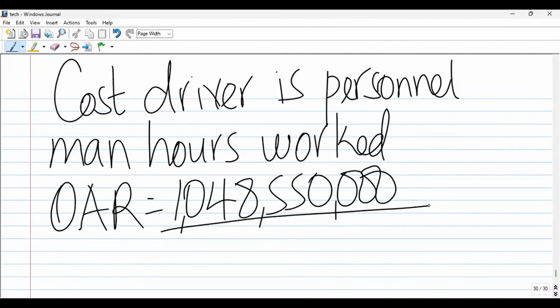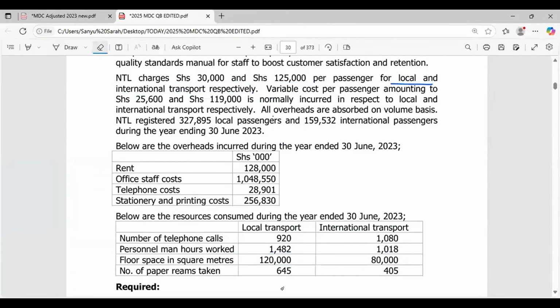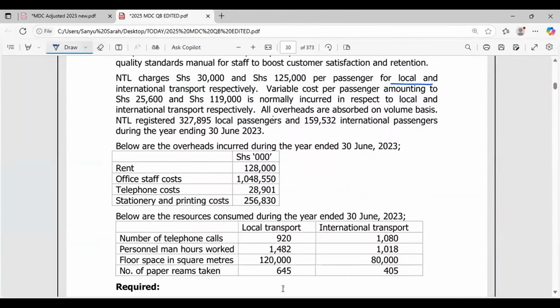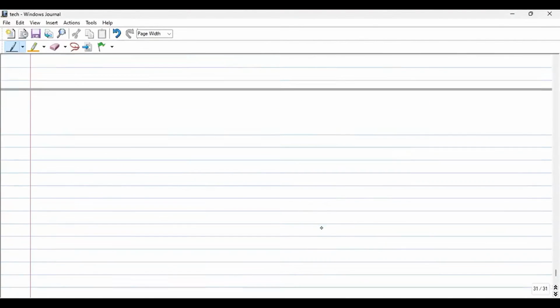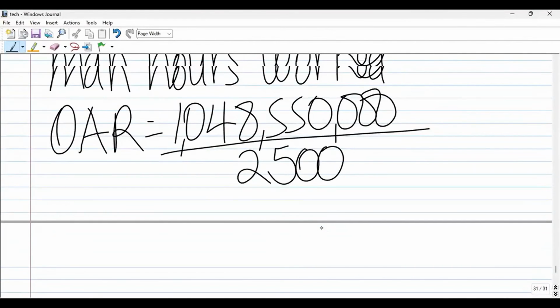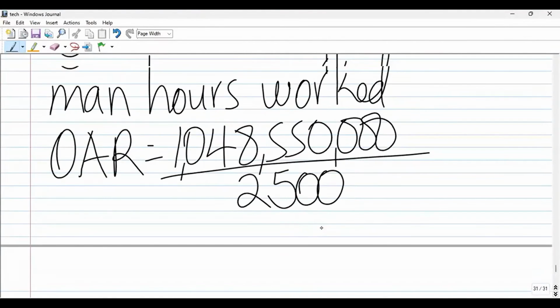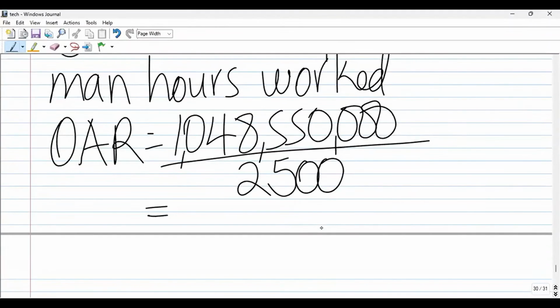So let's get the total: 1,500 plus 1,000 is 2,500. So how much is that? 419.42.